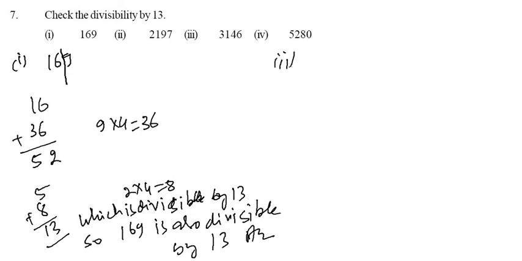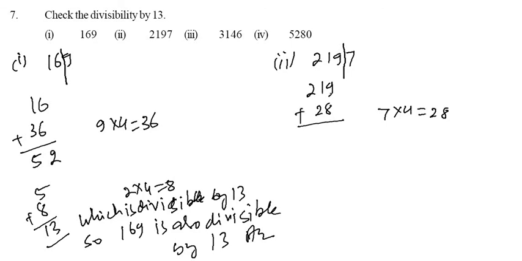Now come to the second part of this one, 2197. It is divided further into two parts. The first one is 219 and the second is 7 into 4, that is 28. So we can add 28 in this. So 9 and 8 is 17, and here 2 and 1 is 3, and that is 4. 1 carry is here, and it is 2. Now further it is divided into two parts, 24, and the second is 7 4 times, that is 28. So we can write here 28.